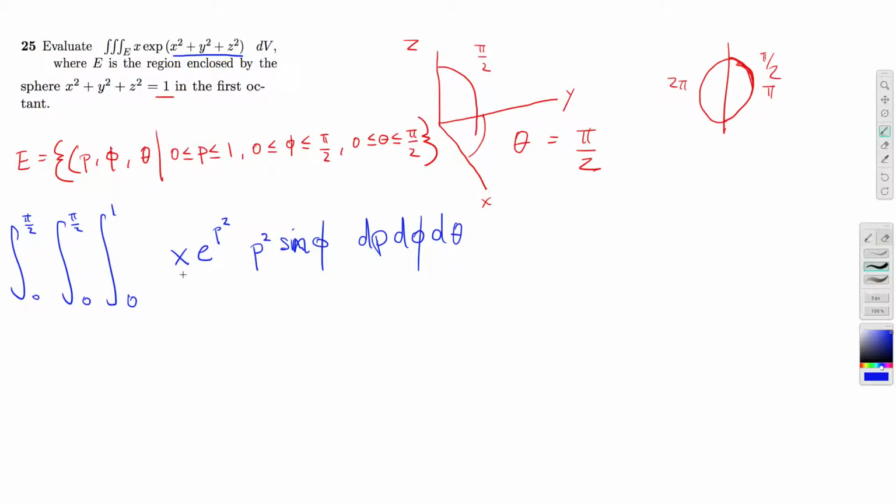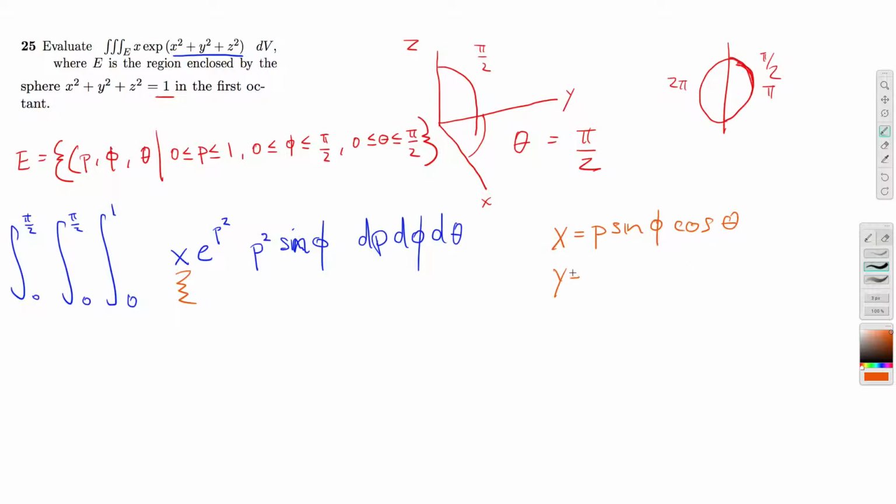Ooh, and look, you got an x. Yuck. You don't want an x. You need to know that x equals, let's see if I can do this from memory, rho sine phi cos theta.